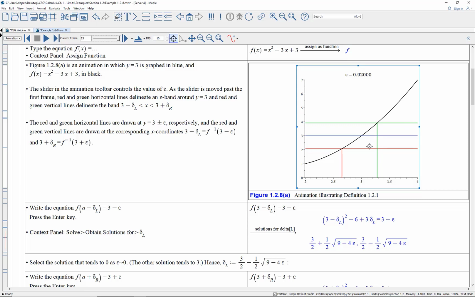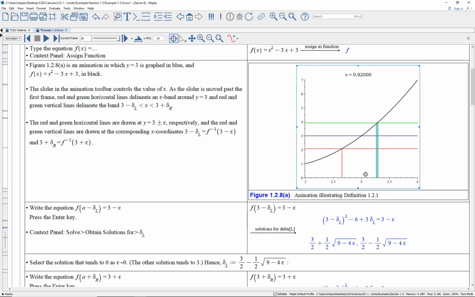The important thing to realize here is that this band in x that you see here from the red line to the green line is not symmetric about 3. And that's what makes the estimates so hard. That's why it's so difficult to just solve inequalities, because this band is not symmetric about 3 because of the curvature of the curve.